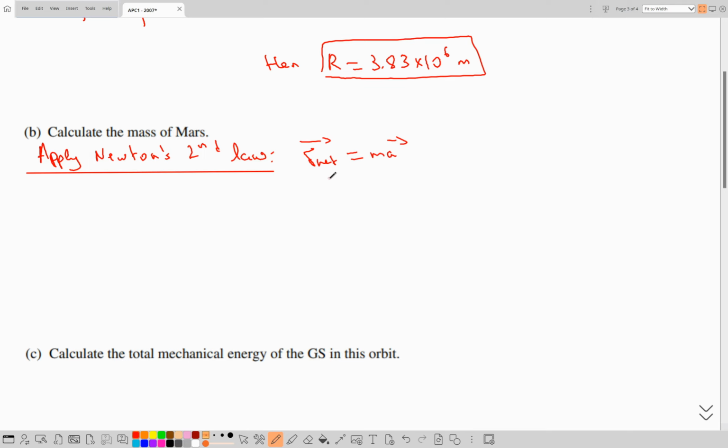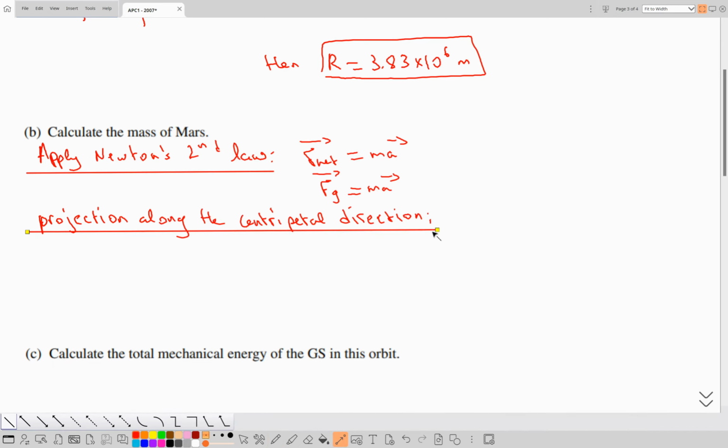The pull of gravity from Mars on it, Fg, equals ma. Now we can say projection along the centripetal direction. The pull of gravity requires no projection because itself acts along the center, and the acceleration would be the centripetal acceleration.